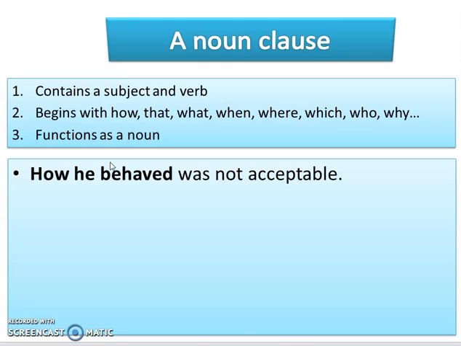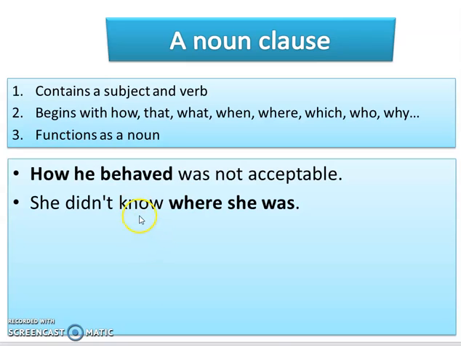So here it is replacing the subject. Subject is a noun, so this is a noun dependent clause. Why is it dependent? Because I can't say "how he behaved." It's incomplete. So this is a noun clause, dependent clause, replacing the subject. "She didn't know where she was."